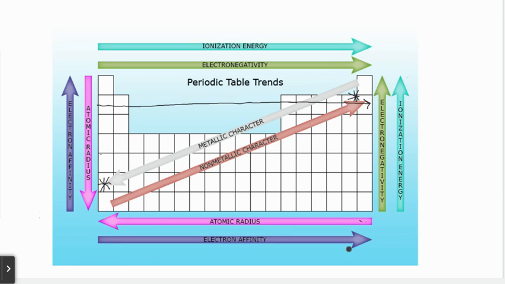And we're going to talk about what's going on here. So they're all in the second principal energy level. So they all have 2 electron shells. So that's not what's governing the trends here because they all have 2 electron shells.